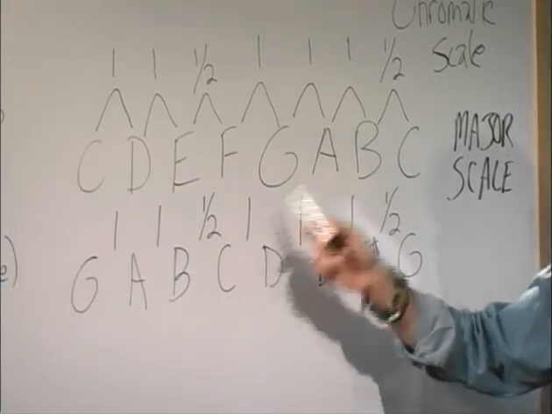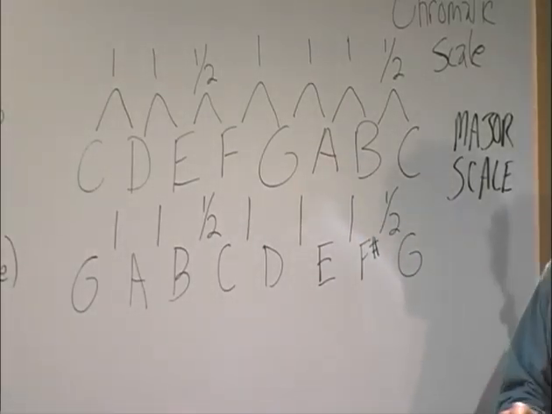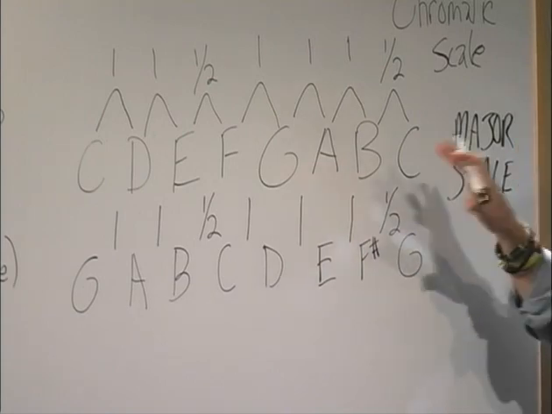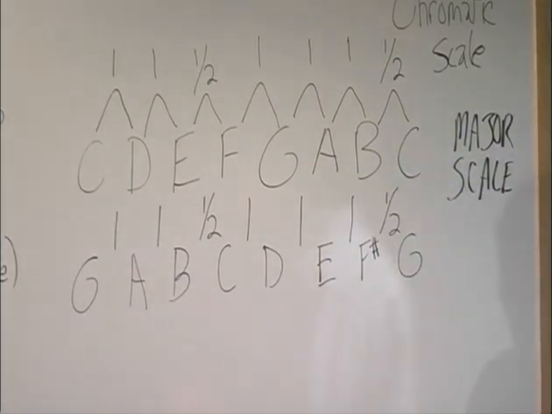Now, I don't want to get too in-depth with key signatures per se. You may have noticed if you're looking at staff music, and what I'm trying to do is give an understanding of music theory for people that will read music and will not read music.